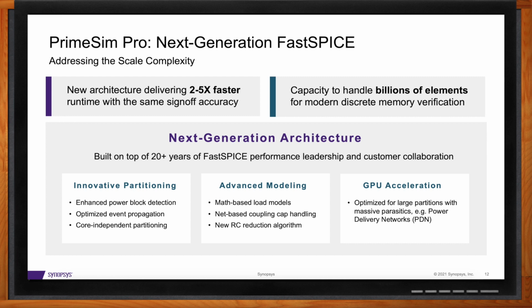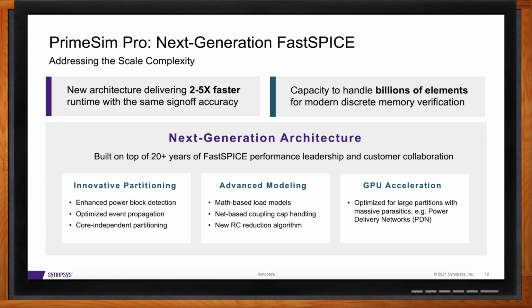And most importantly, the partitioning is CPU core independent. So we have better load balancing and better scaling across CPUs. The second key component of this architecture is advanced modeling. We have math-based load models and net-based coupling caps and a better RC reduction algorithm to achieve better performance with the same accuracy of our FastSPICE simulators.